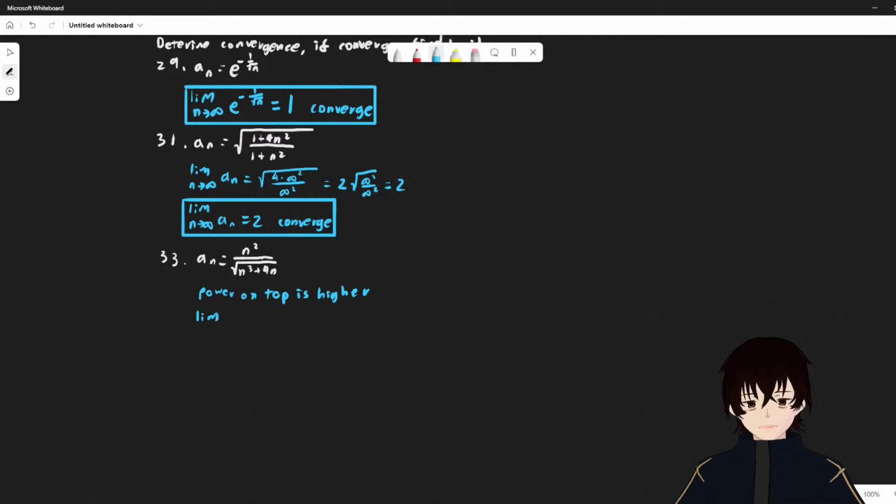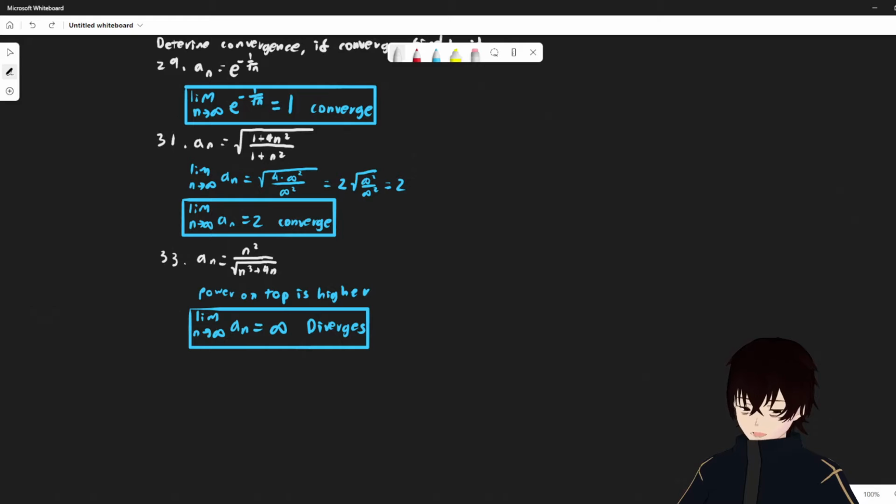Therefore, the limit as n approaches infinity of a sub n is going to be equal to infinity. Divergent.